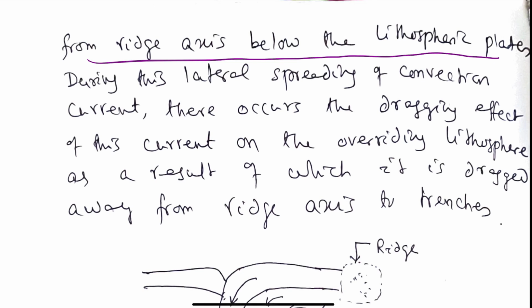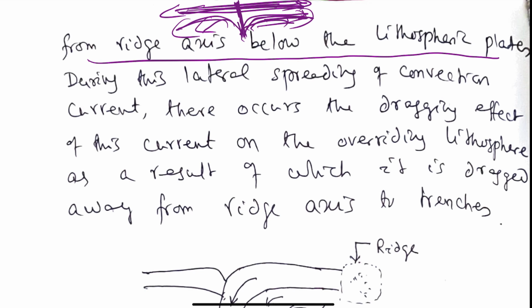So, because of its lateral spreading, the convection current below the oceanic lithosphere, rifting takes place. This plate moves along this direction, and this plate moves along this direction, because the rising convection current moves laterally, dragging the overlying lithosphere in two opposite directions.